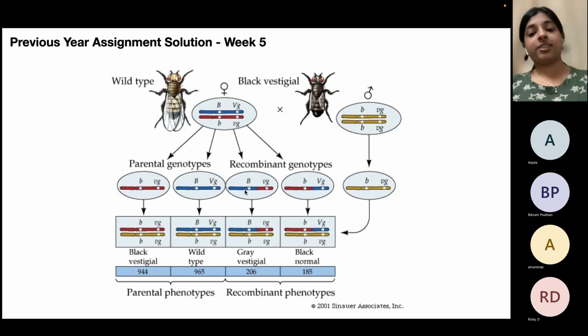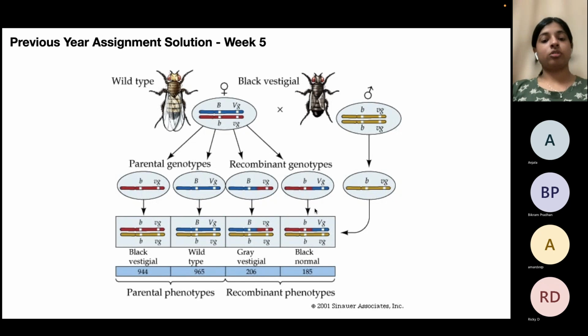So when these flies are again allowed to mate, there are very interesting progeny that are formed. The first one will be black vestigial, again a parental phenotype only. The second will be a wild type because again there is one intact dominant allele present. It will be the parental phenotype only.